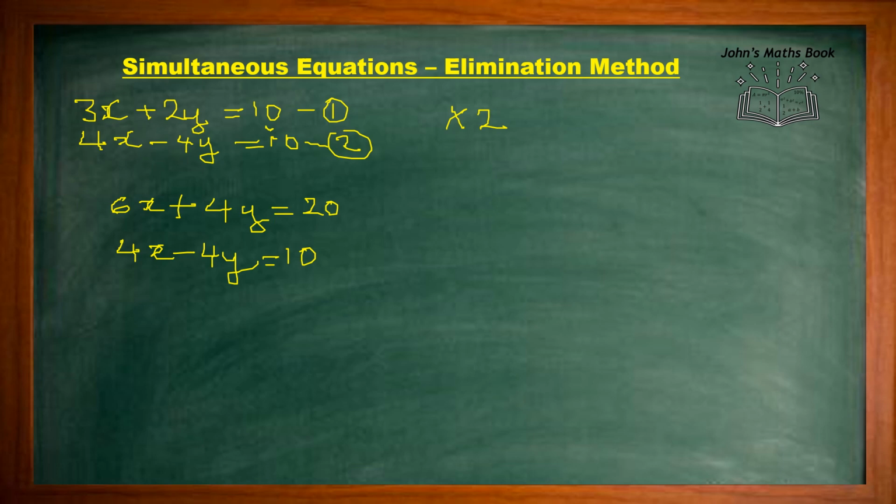So now you can see the coefficients of the y terms are the same. The coefficient in equation 1 is plus 4, and the coefficient in equation 2 is minus 4. So in this case, we can just add these up, and if we add them, it'll eliminate the y term. So we add the two equations together now. We add the x terms, the y terms, and the constants.